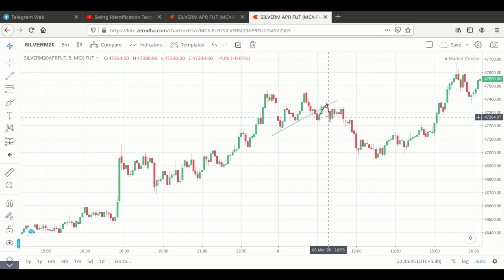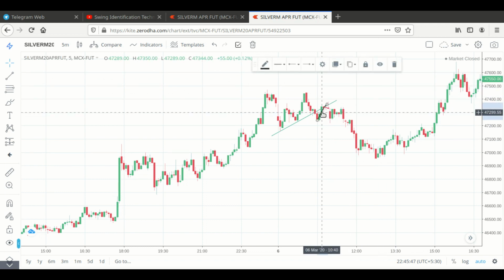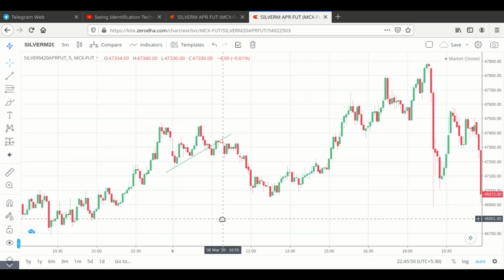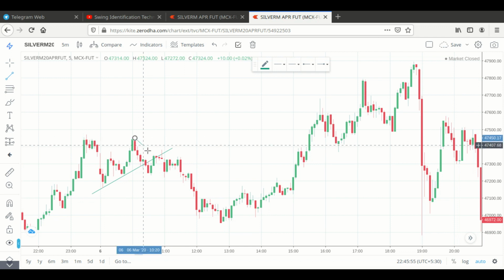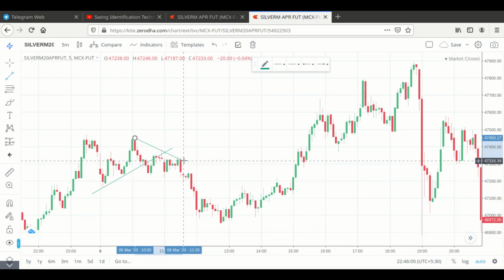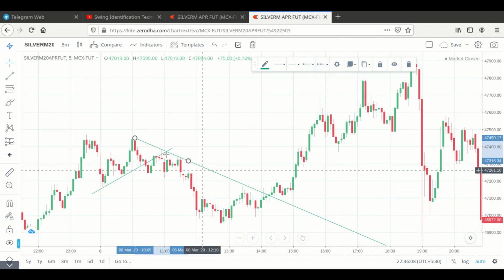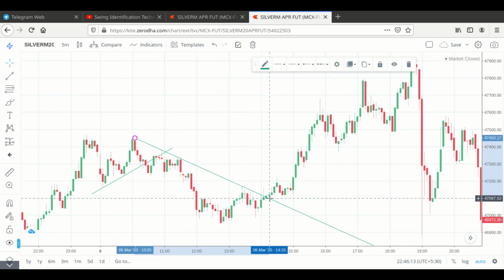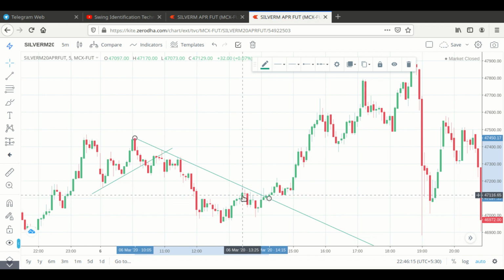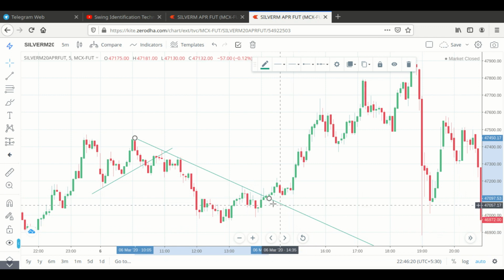Let me delete this. Okay, so the next trend line that we'll draw over here is from this point. Let's extend it. Here you can adjust it in some way so that it touches the wick over here as well.